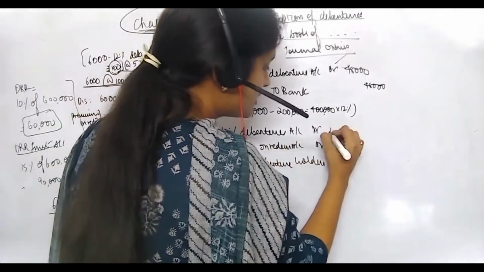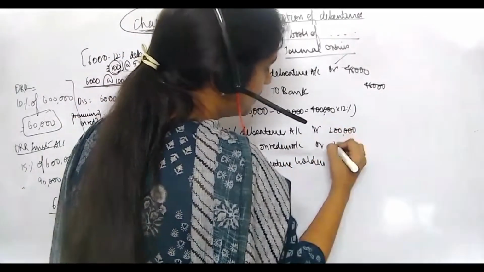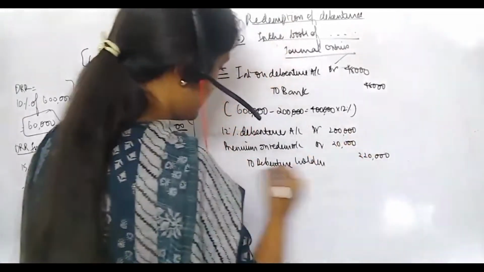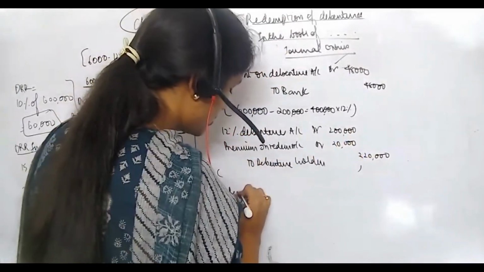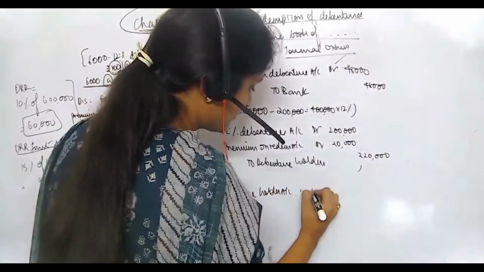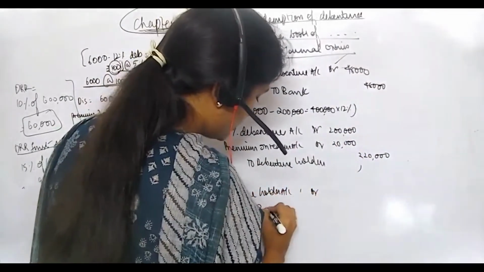How much is the value? This year also it will be 2 lakhs only, because the second year also comes to 2,20,000. Now we have debenture holders to bank, that is nothing but 2,20,000.